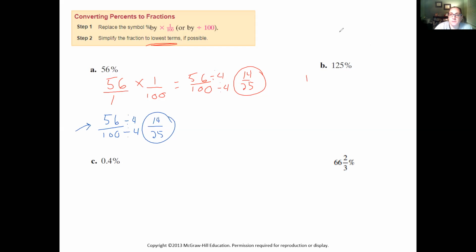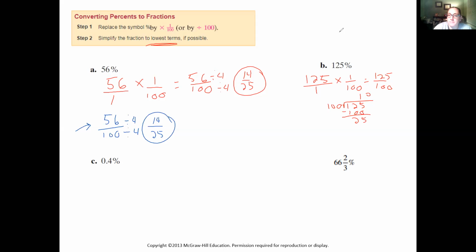All right, so 125 times 1 over 100. Put this over 1, and we get 125 over 100. We can't leave it as that. So 100 could go into 125. Oh, we don't bring it down.